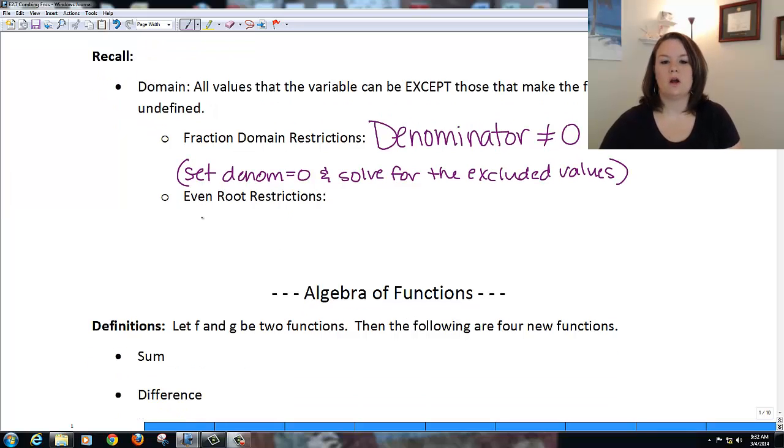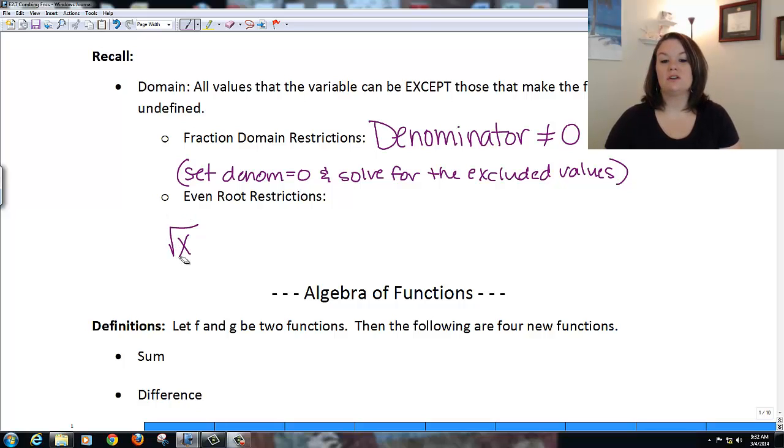All right. The next thing we have to worry about is even roots. So if I had something like the square root of x, remember here we can't plug in negatives, right? Because negatives give us imaginary numbers. Anytime we have an even root, since we can't evaluate an even root of a negative number, that gives us a problem.